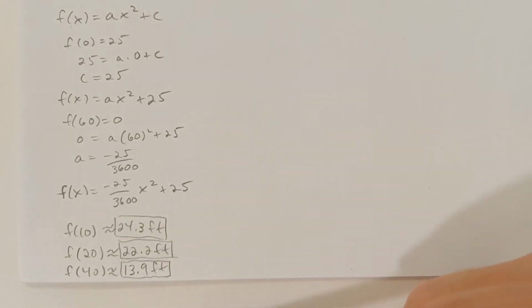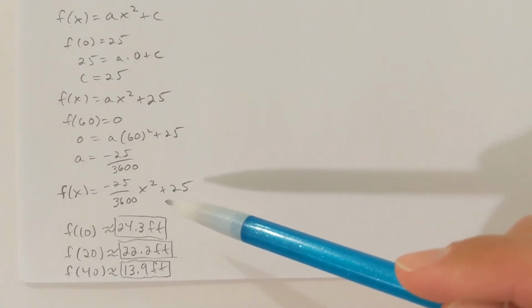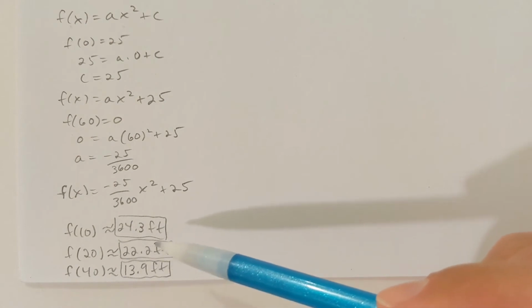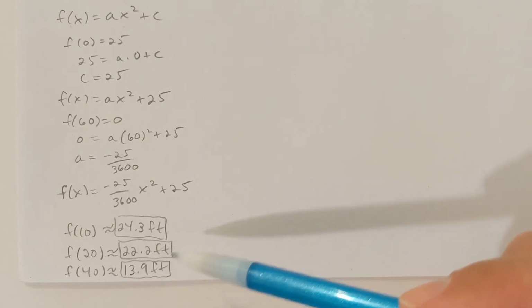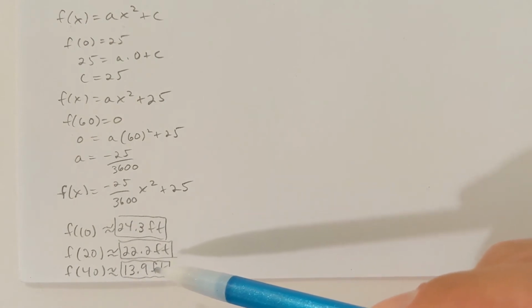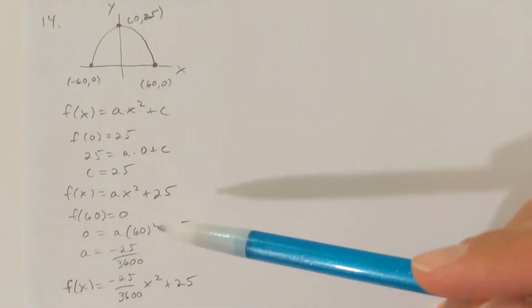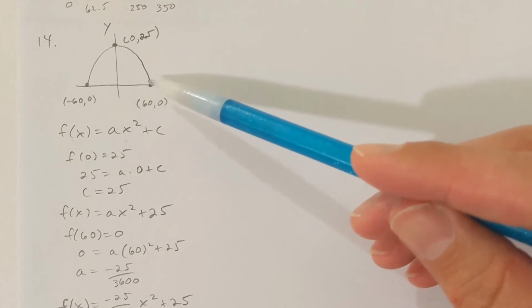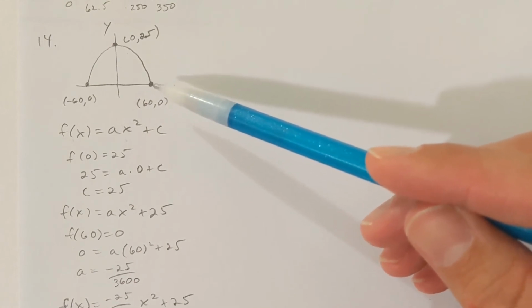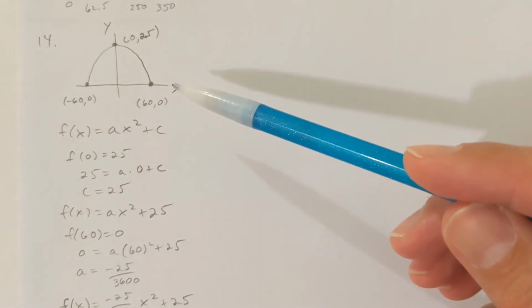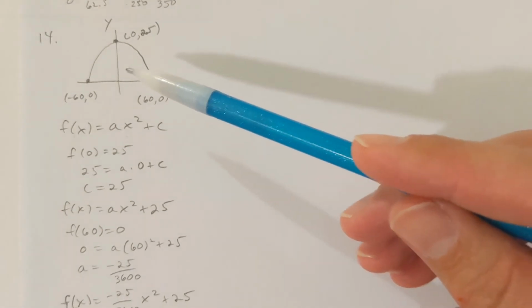F of 10 is 24.3 feet, approximately. F of 20 is 22.2 feet, and f of 40 is 13.9 feet. And of course, as I would go out to 60, the height is going to decrease.